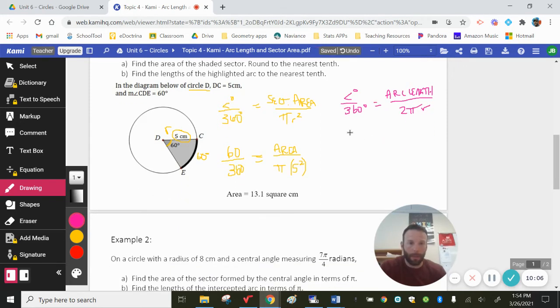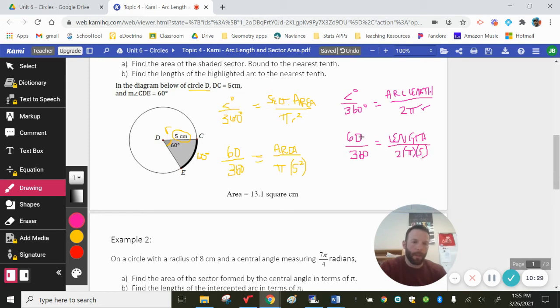So the angle is still a 60-degree angle out of 360 total degrees. But now my arc length is what I'm looking for, so I'll just say length here. Length out of 2 times pi times the radius length 5.